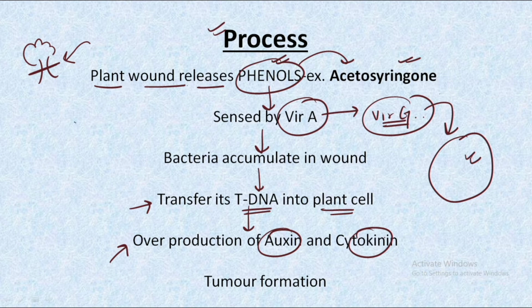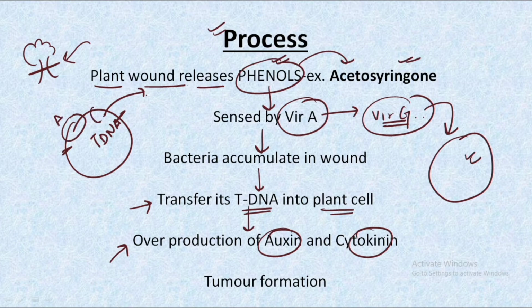We have discussed the structure of the Ti plasmid. In it we have the tDNA region, which is transported from the bacteria into the plant cell, and in this tDNA region we have the region of auxin synthesis, the region of cytokinin synthesis, and also the region of opine synthesis. So when this tDNA enters the plant cell, there occurs overproduction of auxin and cytokinin.